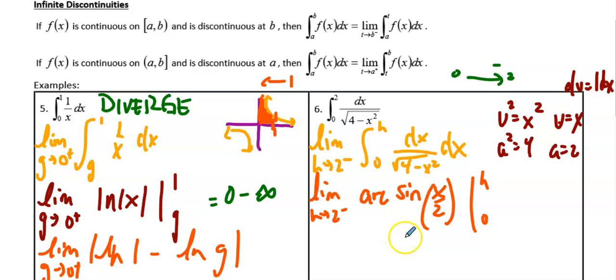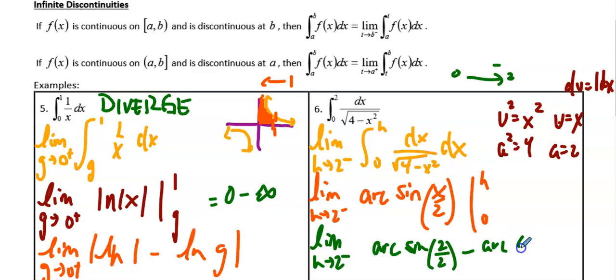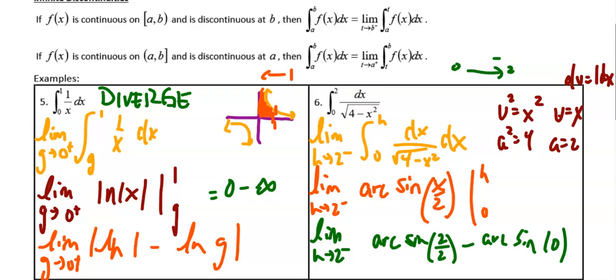And so let's actually go ahead and plug in what this value is. So the limit as h approaches 2 from the left, we're going to plug in arc sine of now 2 from the left. Well, 2 from the left is going to just basically be 2 over 2 minus the arc sine of 0.